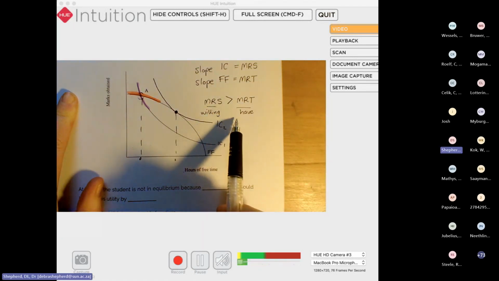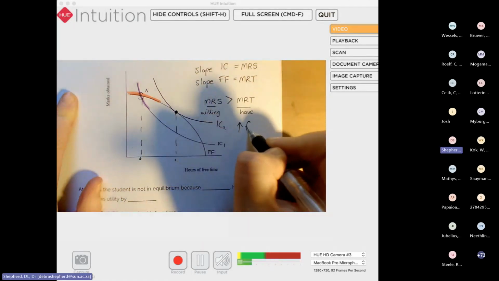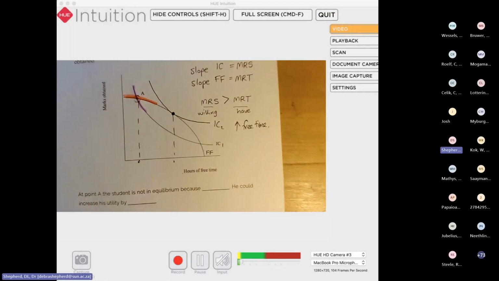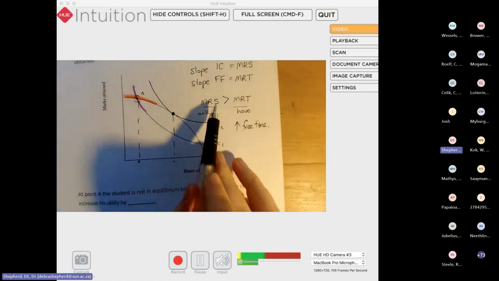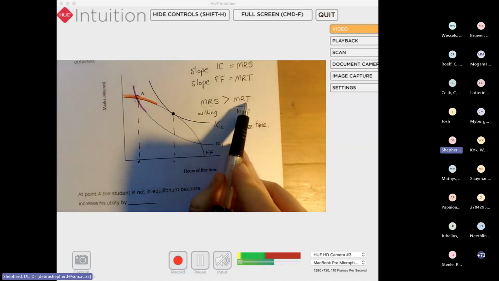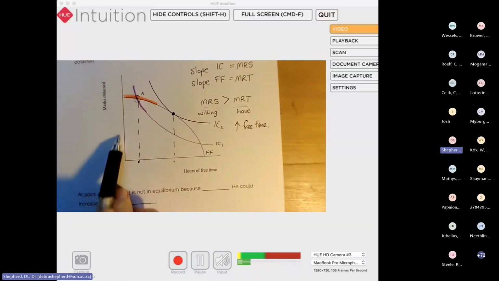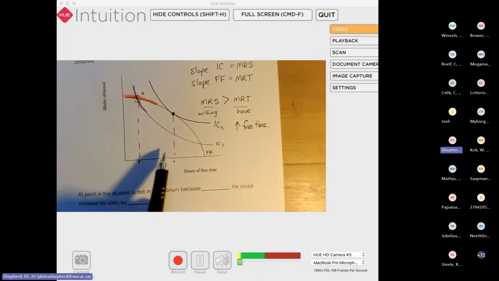That would mean that I will increase my free time because I actually prefer free time. I'm willing to get rid of grades so that I can study less, so that I can enjoy more free time. So the fact that the MRS is greater than the MRT tells me that they are willing to give up this thing, the marks, in order to get more of this.